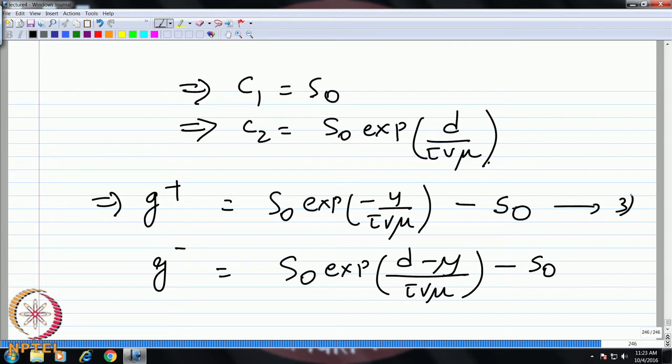We will call these equations 3 and 4. Is that clear? They are substituted for C 1 and C 2.